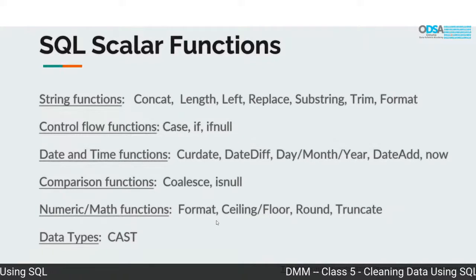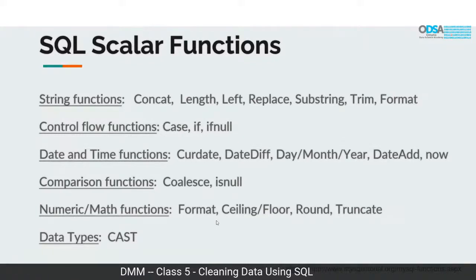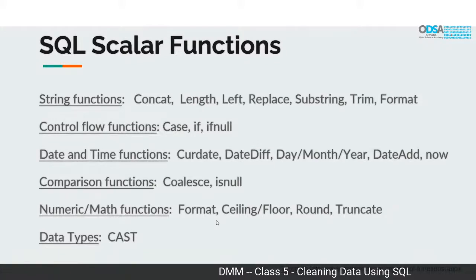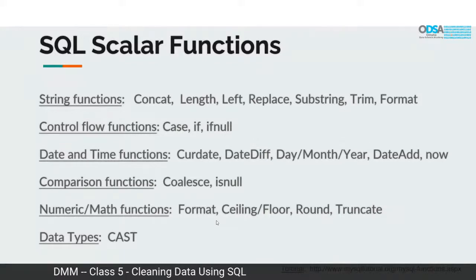But as long as the transformation is valid. So if you have a string that says Jeremy and you're trying to cast that as an integer, you won't be able to do it because it's a string that doesn't convert to an integer.